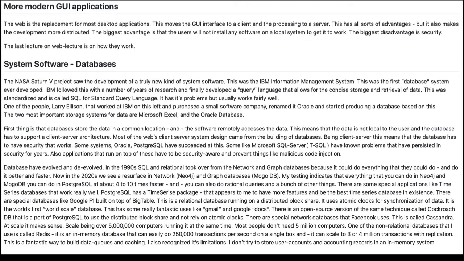And there are specialized databases. For instance, Google has this database called F1. It's actually a port of the MySQL database to run on top of another database called Bigtable. Bigtable is a fully distributed database that you can look at as being the world's first world-scale database. They synchronize it using atomic clocks in 14 data centers.